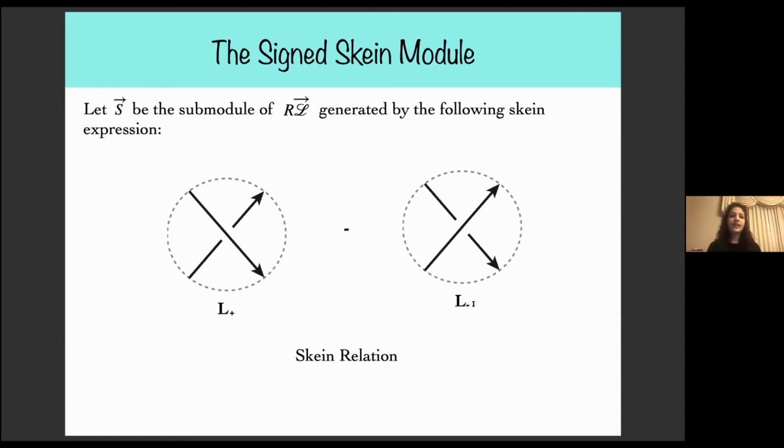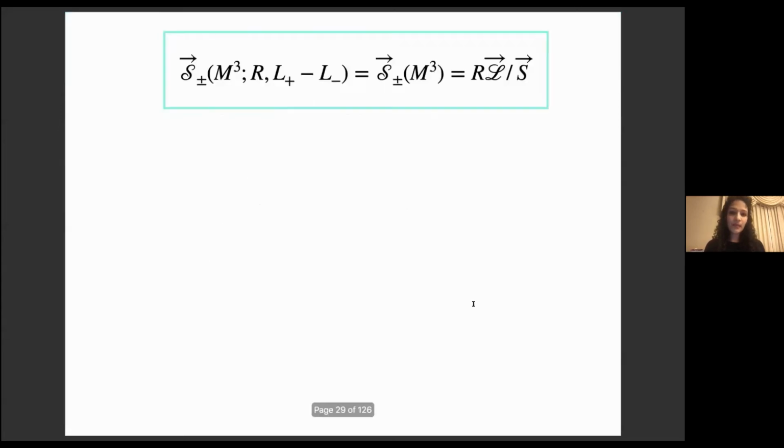So after modding out by this submodule, the resulting module is called the signed Skein module. And we denote it as S plus minus with an arrow.